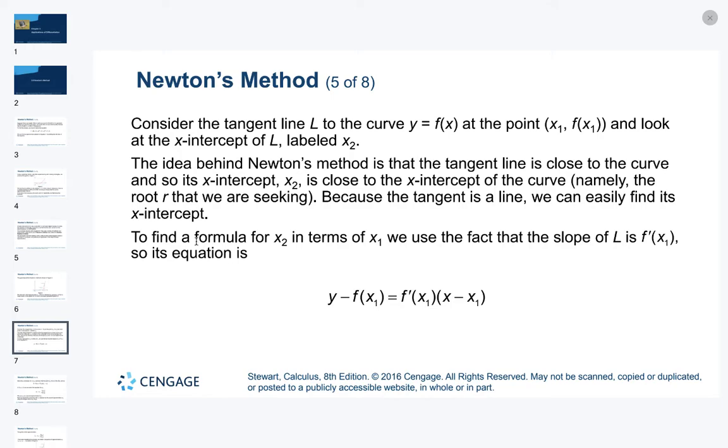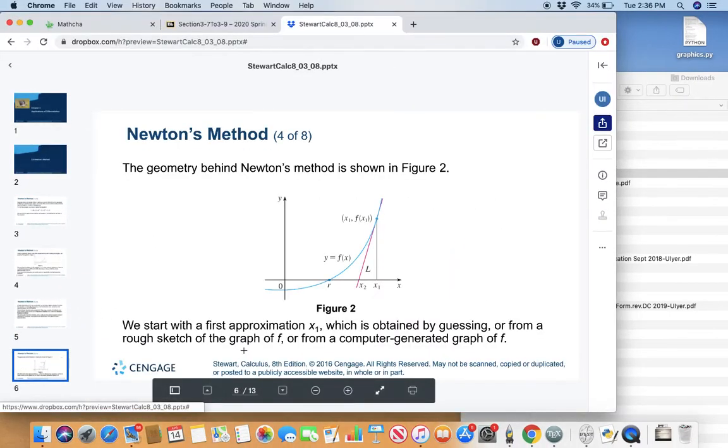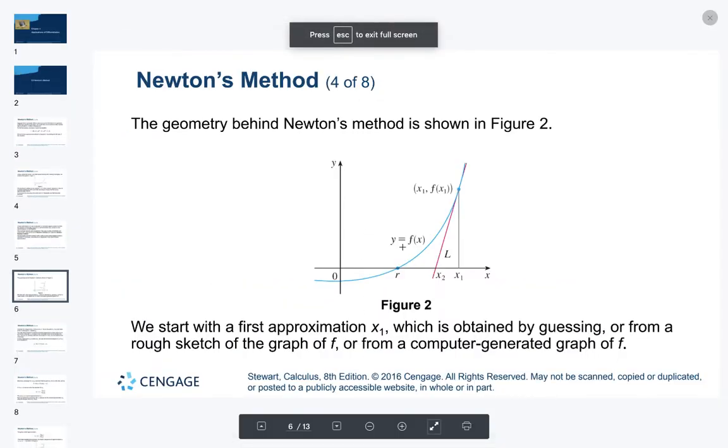Likewise, to find a formula for x2, how do you find x2? You have a tangent line and the x-intercept of the line is x2. Well, what is the x-intercept of a line? You need the equation of the tangent line.